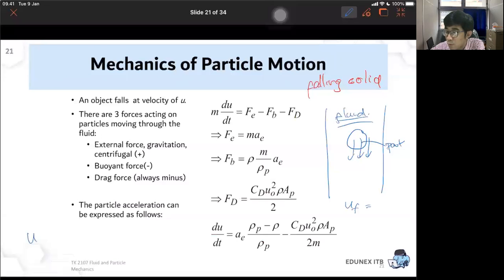The slip velocity will be this one or this one, right? You can calculate both ways, just take the positive value. But in this case, what will be UF, the velocity of the fluid only, not the slip velocity? If you have falling particles, UF will be 0, right? Because it's just the solid going down. Only the solid has velocity.